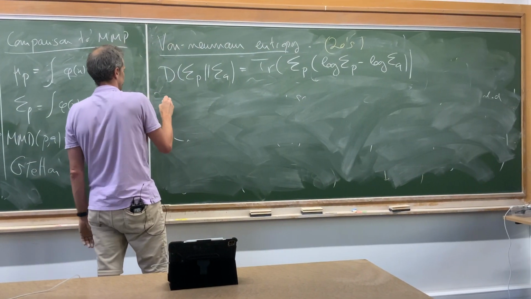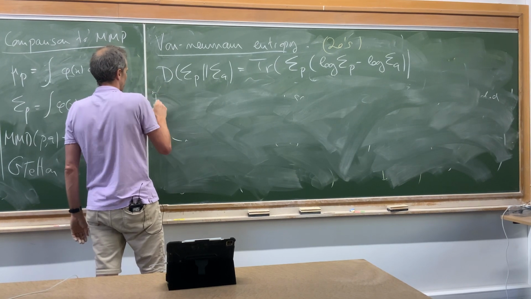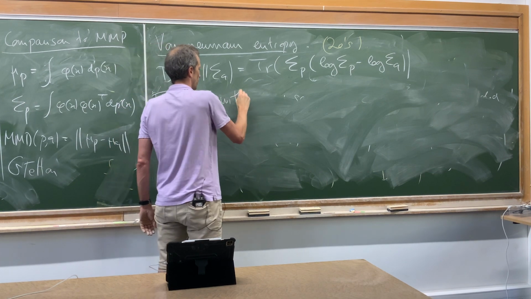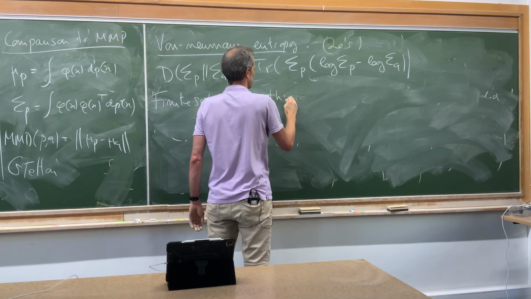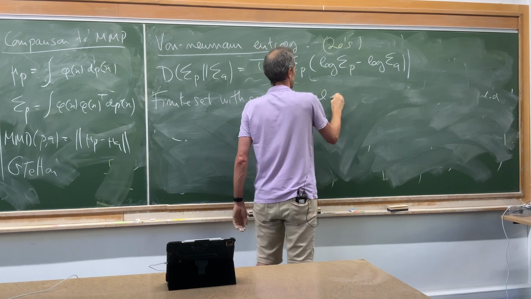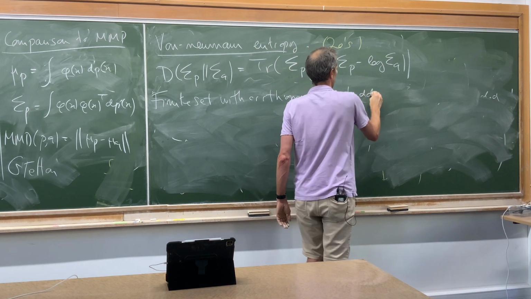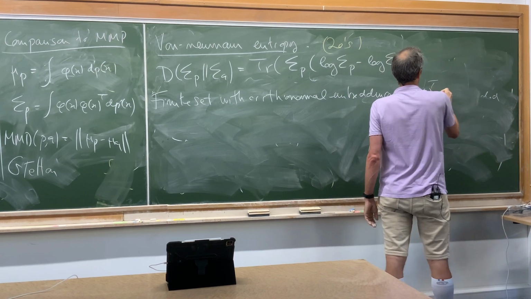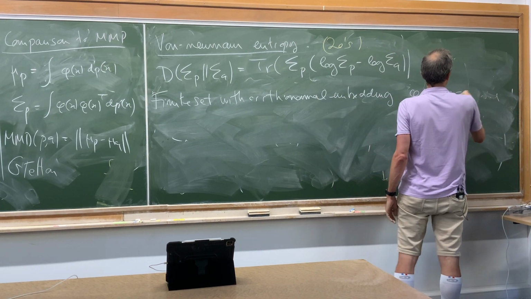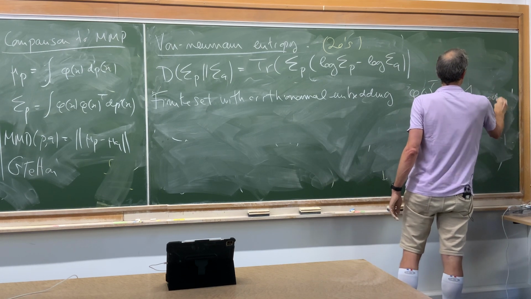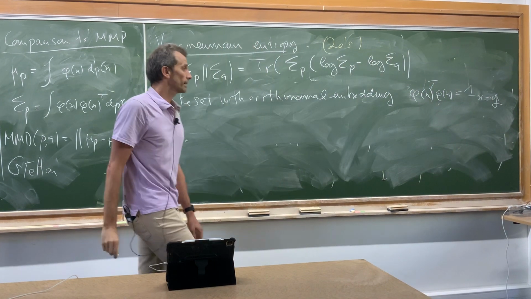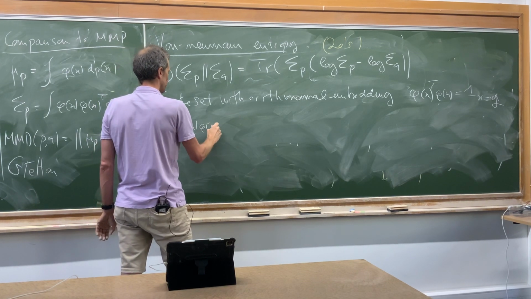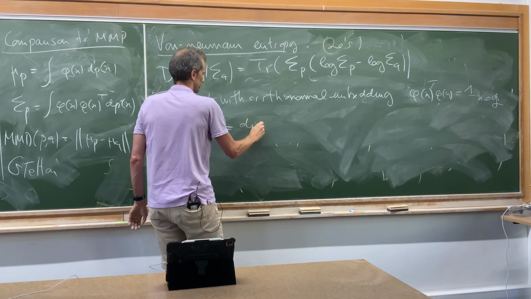If you have a finite set with orthonormal embedding, so phi of x transpose phi of y is just the indicator of x equal to y, then what we have seen in the first lecture is that the covariance is diagonal.